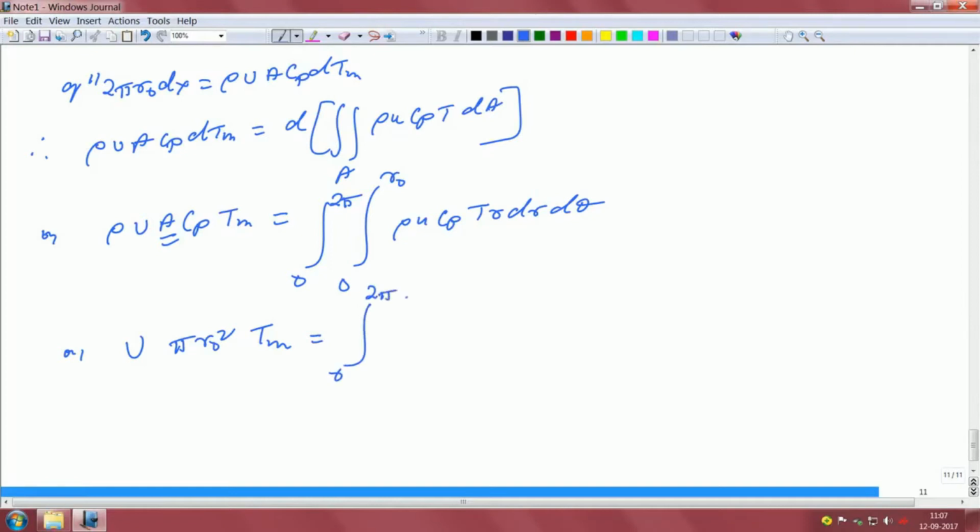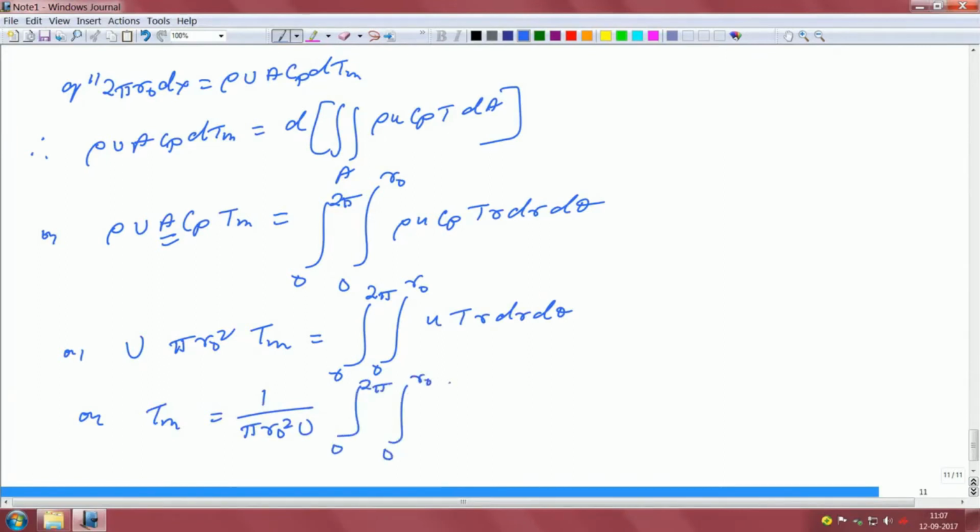the integral from 0 to 2 pi and 0 to r naught of u T r dr d theta, or Tm is equal to 1 by pi r naught squared um, times the integral from 0 to 2 pi and 0 to r naught of u T r dr d theta.